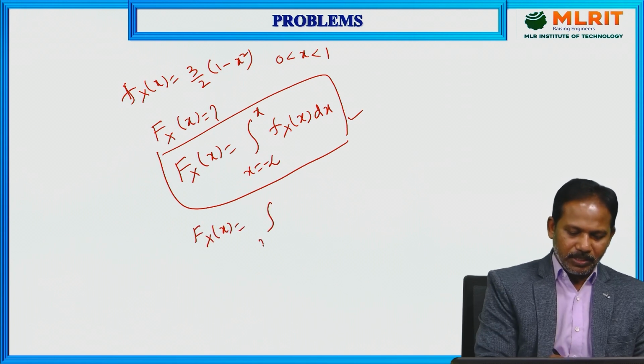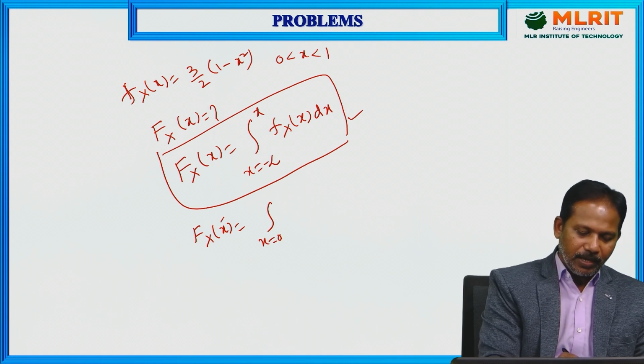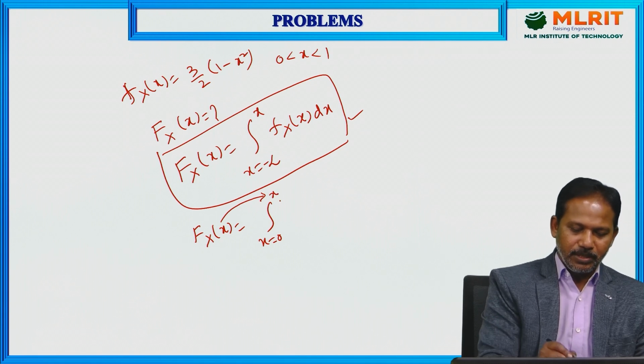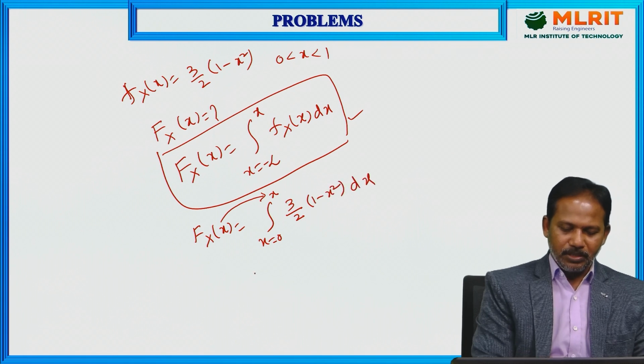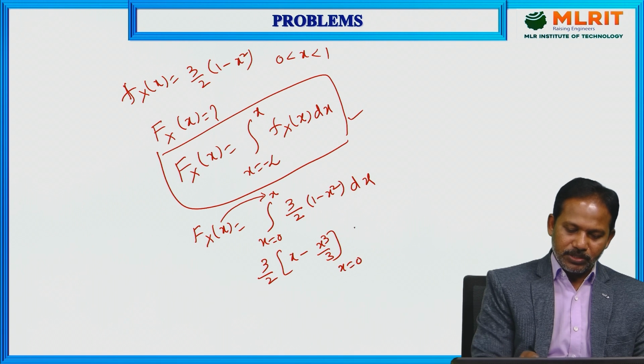My lower limit is 0. What about the upper limit? I need to find the probability of the random variable up to x. So I am writing the same value, that is x only. With my density function 3 by 2 into 1 minus x square with the dx. Here 3 by 2 is constant, that is 3 by 2 into 1 integration is x and x square integration is x cube by 3 from the range of x equal to 0 to x.